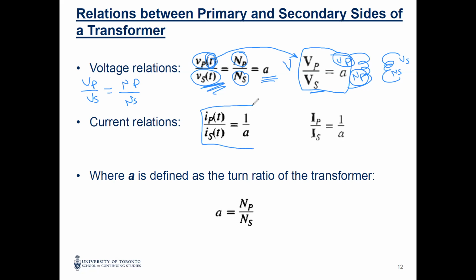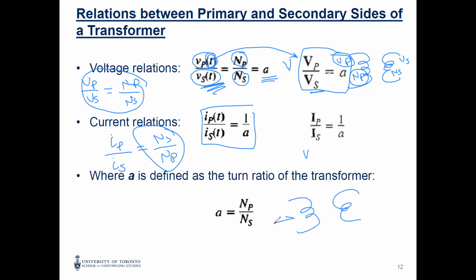For the current, it's the opposite. If I say I primary to I secondary, it's equal to N secondary over N primary. It's inverse to the voltage. The reason for that is we are talking here about the ideal transformer. For the transformer, let's say we have a transformer here, the power in equals the power out.